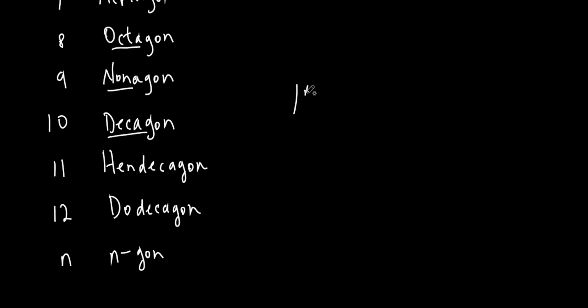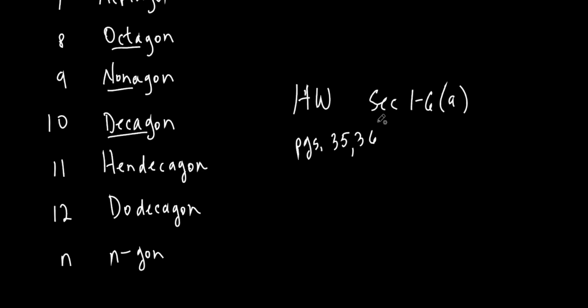Here's your homework. Try and get this thing to write. There we go. Here's your homework. So it's section 16A. Now, listen to me. Everybody listening? I am not sure because I don't have the book in front of me and the bell's just about to ring, so do as many of these as you can, all right? That's what I'll say.